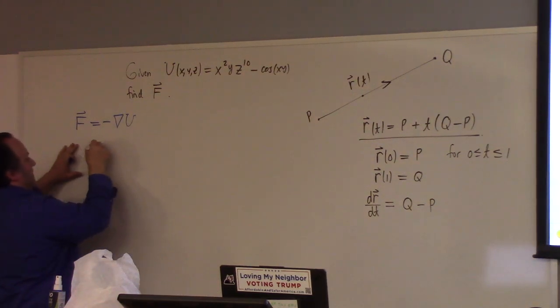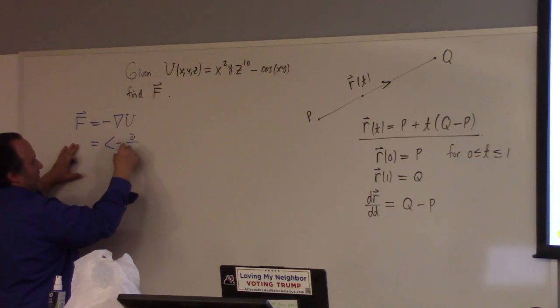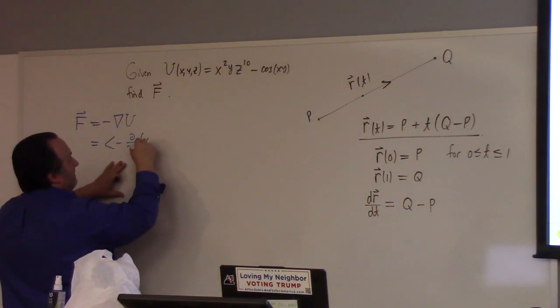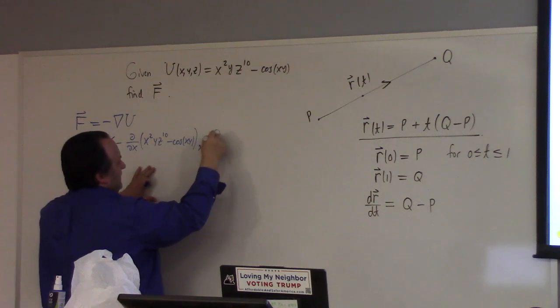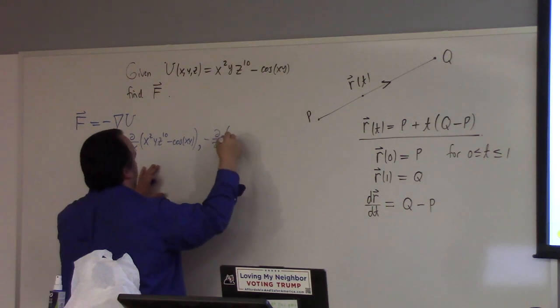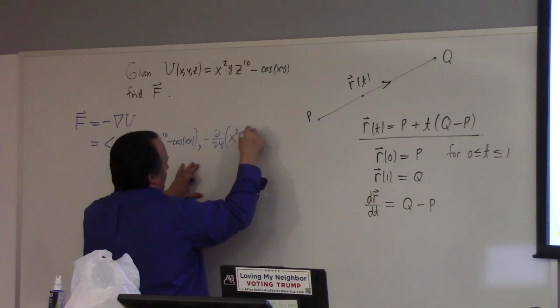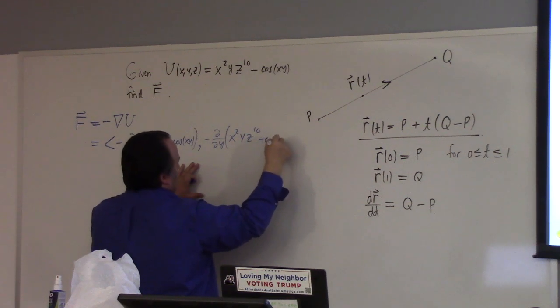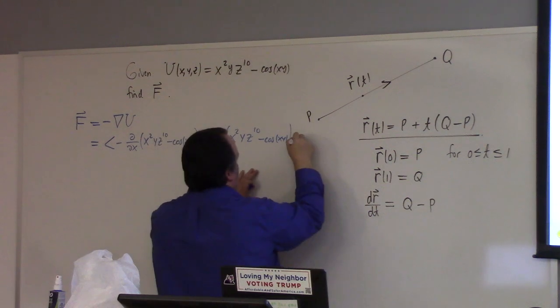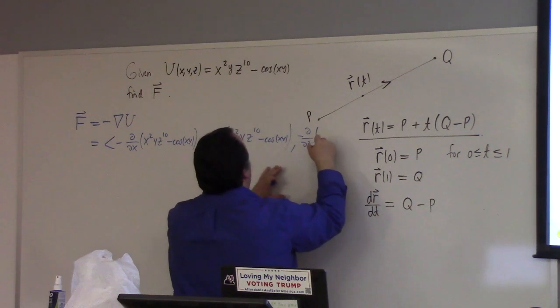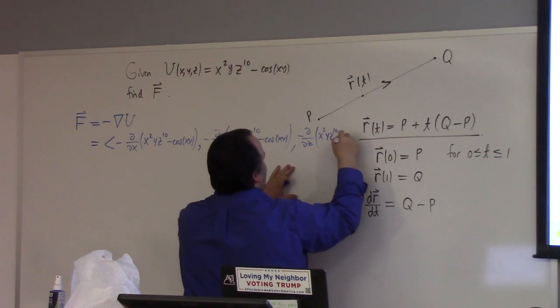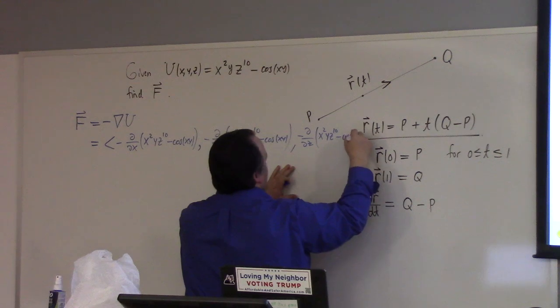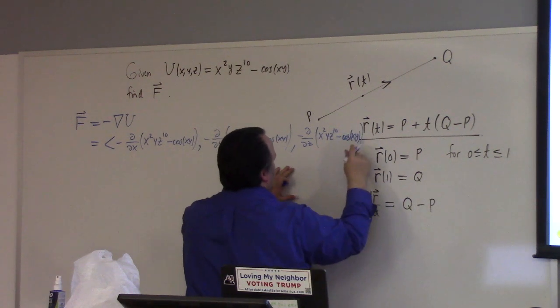That means that we're looking at minus partial x of that, minus partial y of that, minus partial z. I regret this formula. Well, anyway, it is what it is.